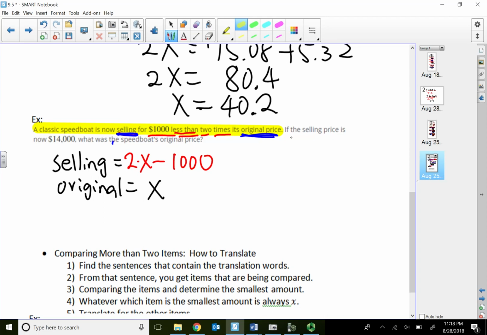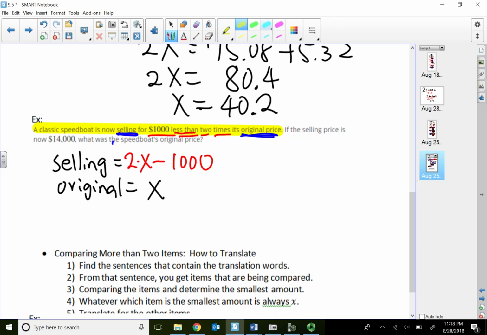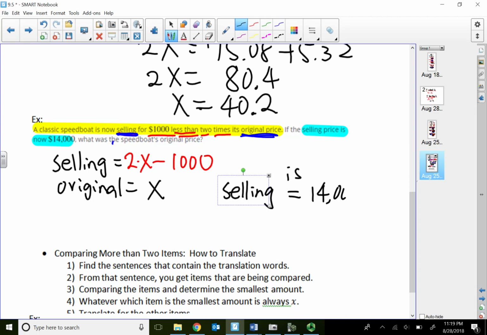That means from the word if to the comma is what I need to write out my equation. It literally says selling price is now 14,000. So selling price is means what? Equal sign, $14,000.